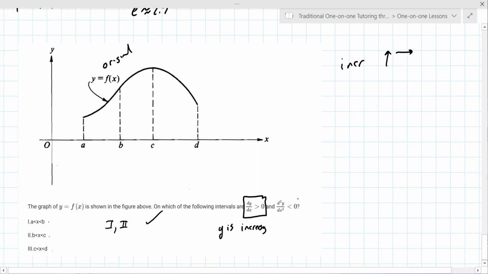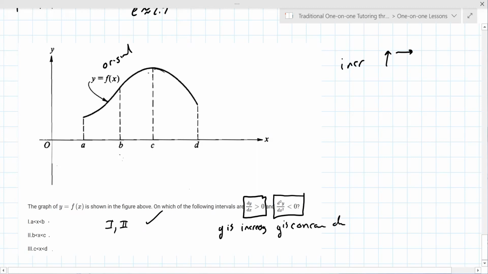Now, second derivative less than 0 means y is concave down, C to D. Yes, from C to D, so that is true.